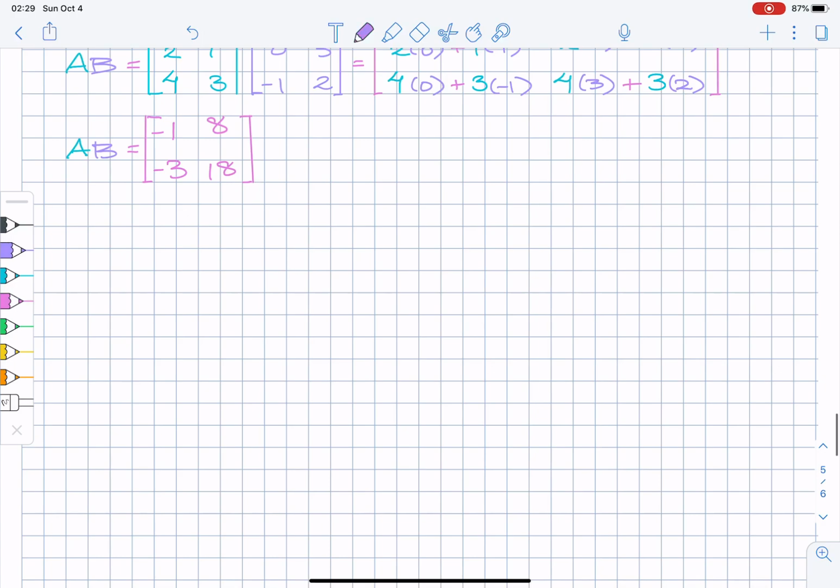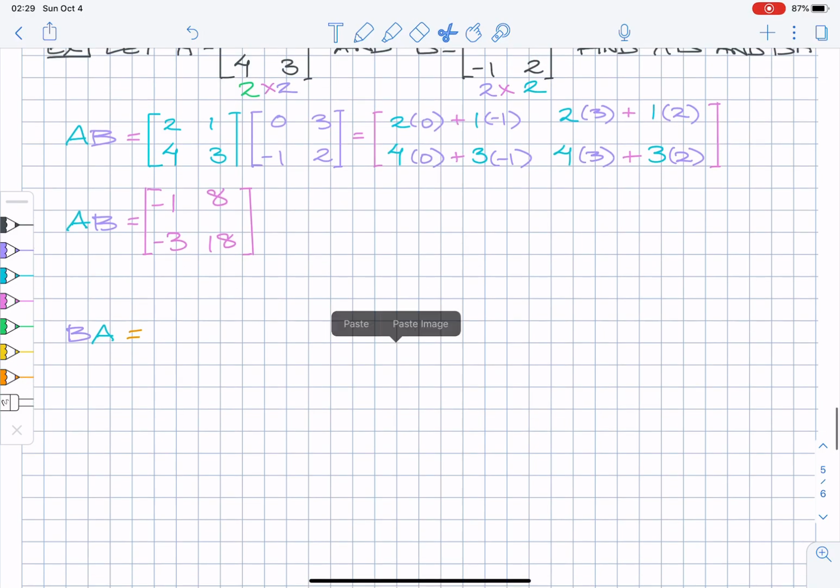And now let's figure out matrix B times A, which is going to be matrix B here, copy, paste, times matrix A here, copy, paste.